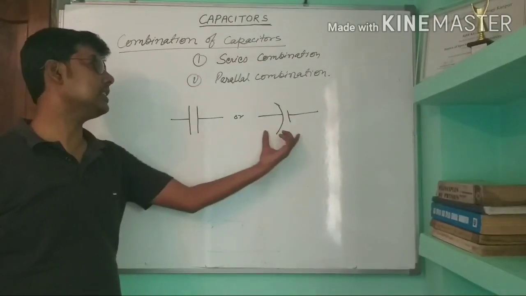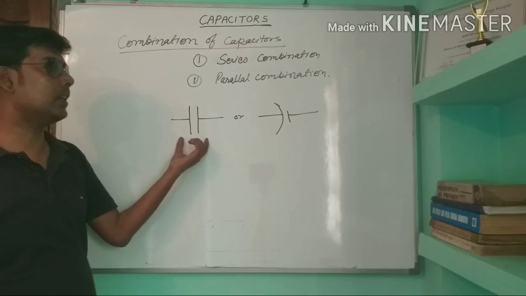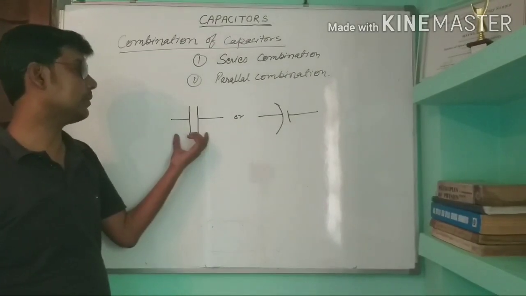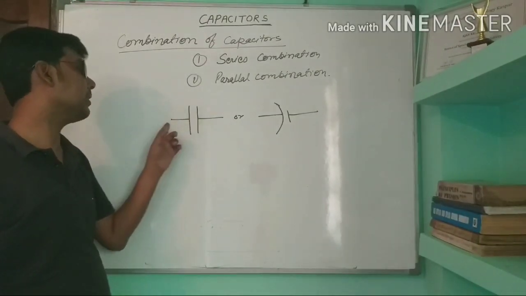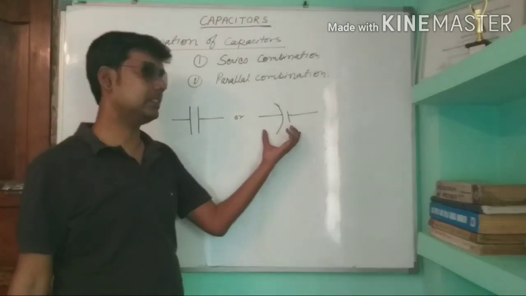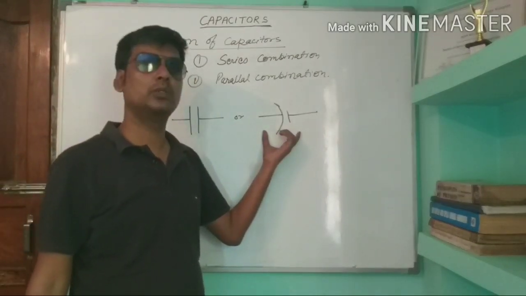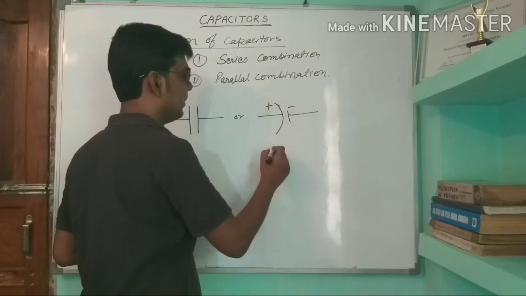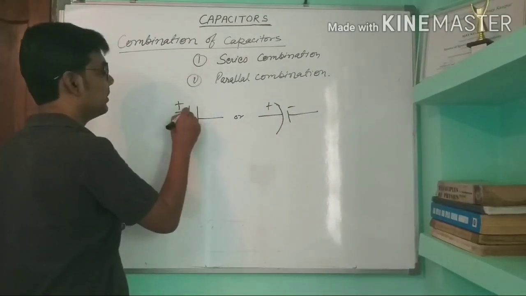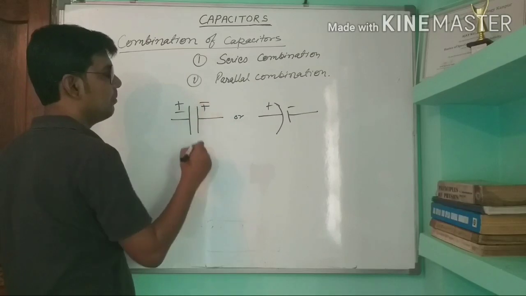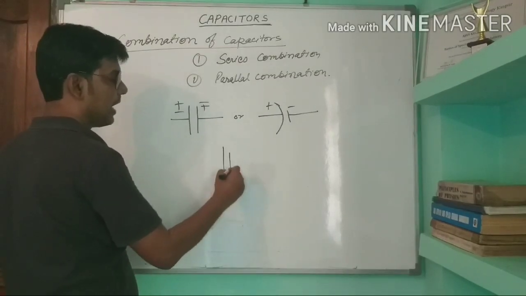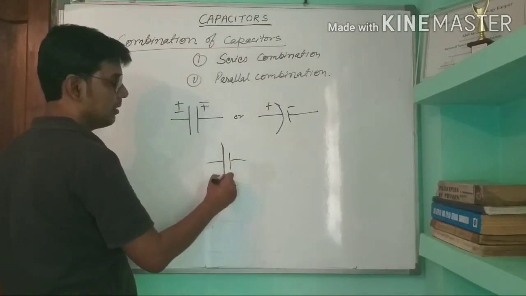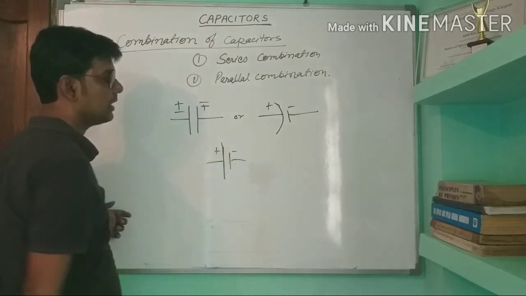The only difference is this indicates there is no specific polarity. We can combine any terminal with any one, but this symbol is used to specify a terminal. In this case, this is the positive terminal and this is the negative terminal, but here this may be positive or negative. As in the case of a battery, the bigger one is the positive terminal and the smaller one is the negative terminal.